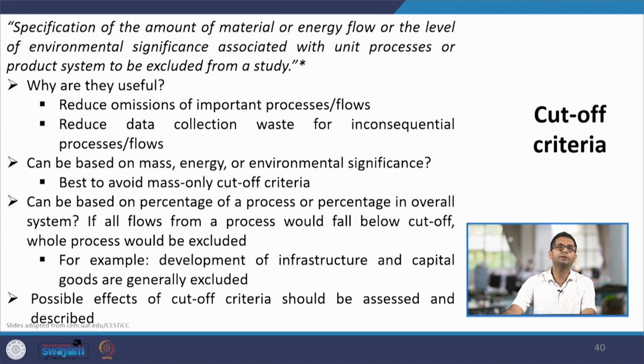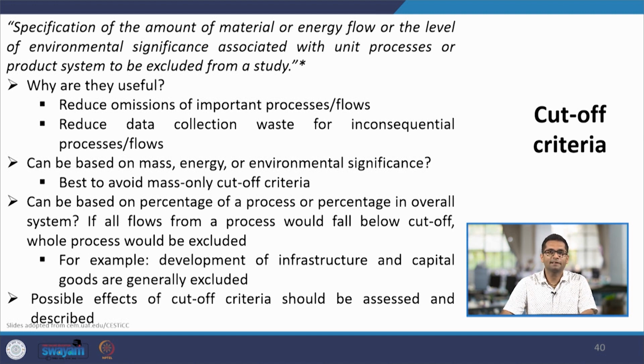Further, what we would normally be using is a cutoff criteria. Cutoff criteria basically means that we are specifying the amount of material or energy flow or the level of environmental significance associated with the unit process or the product that would be excluded from the study. So, any input that has flows in terms of the mass and energy flows below a decided level, or the environmental significance below a decided level, we are going to avoid taking into account in the study.